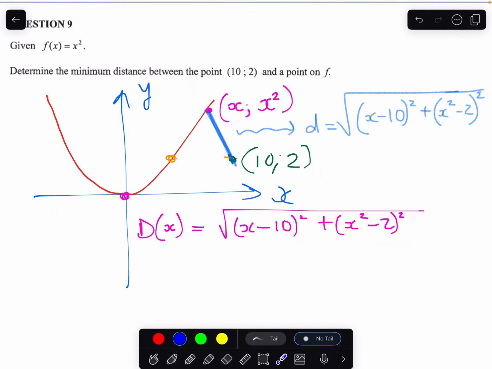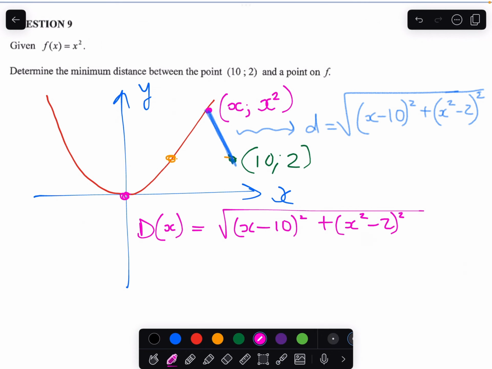So if I want to find the smallest that this can be, then it's just the same as me finding the smallest that the expression under the square root can be, right?